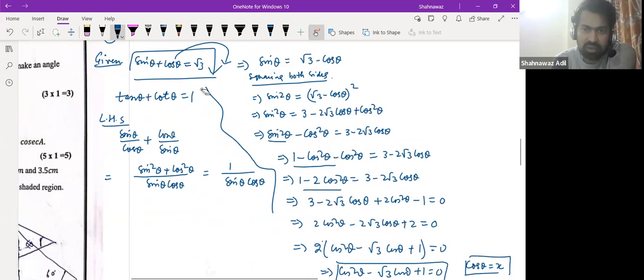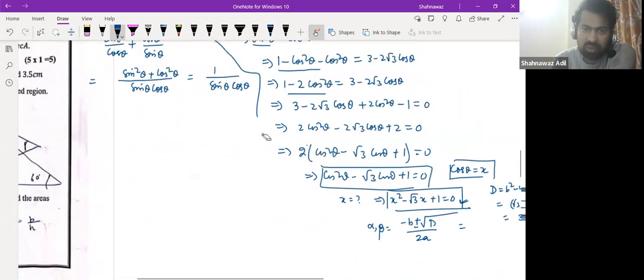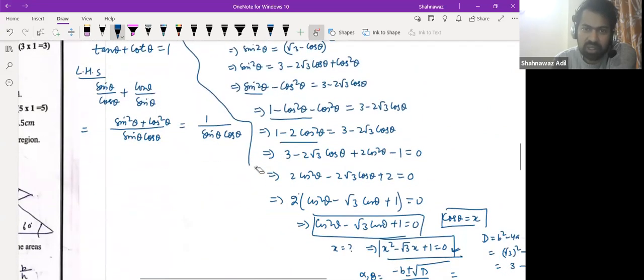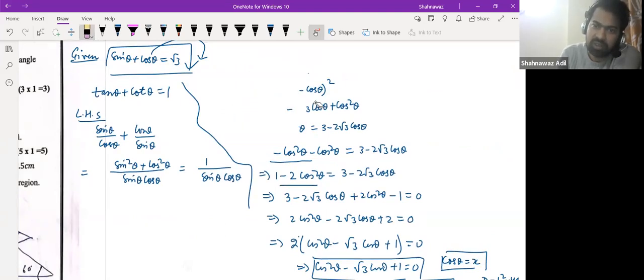So now we have to solve this equation. Let's do this in a different way. This is what we did last class.